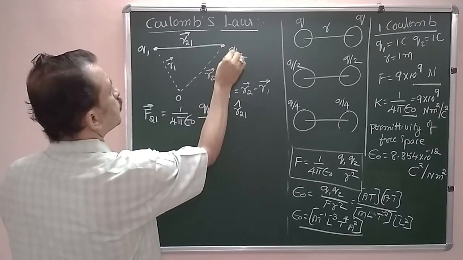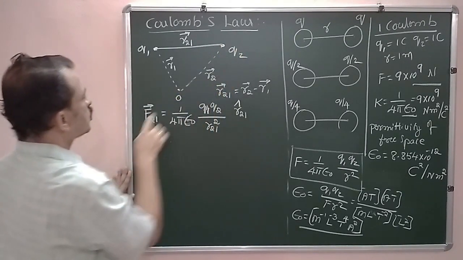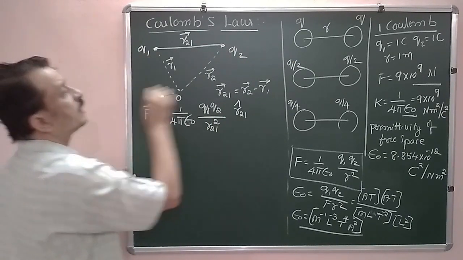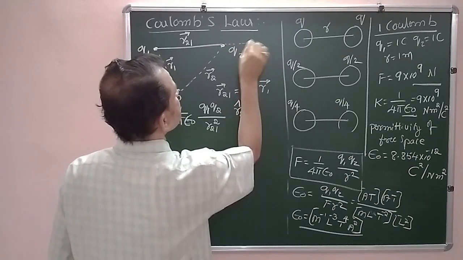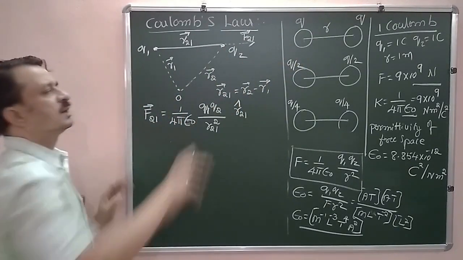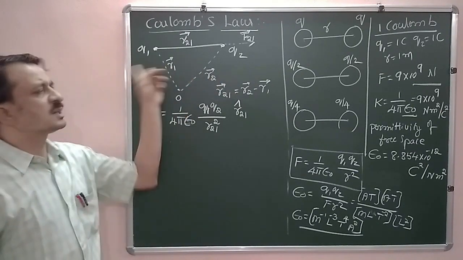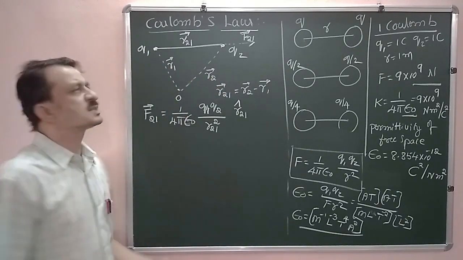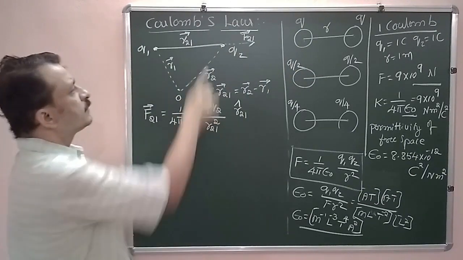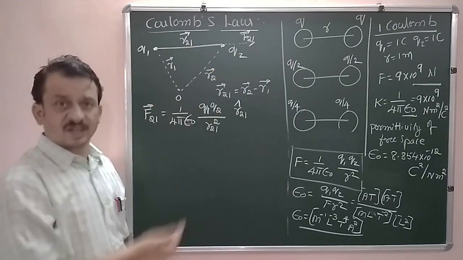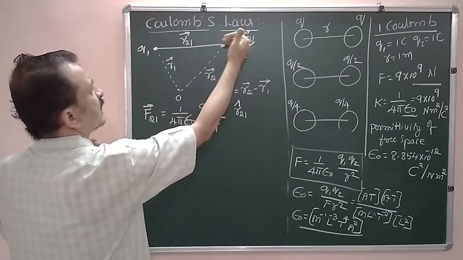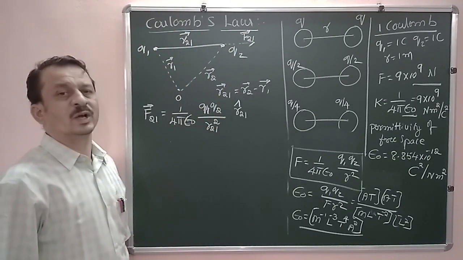So therefore, Q2 experiences a force F21 due to the charge Q1. The direction of F21 is along this direction. Since we have considered both are same kind of charges, there is a repulsive force. If these two charges are unlike charges, then this force is acted towards Q1.